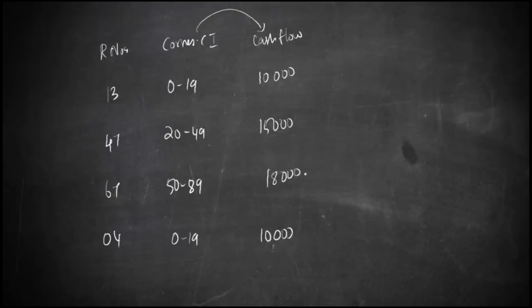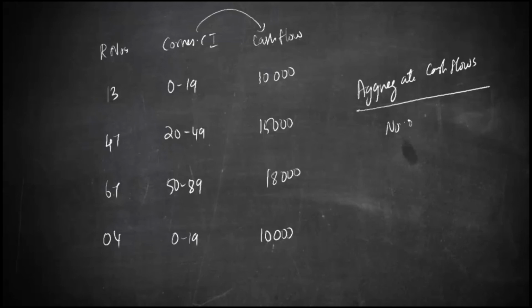The simulation theory says that if you want to know the possible cash flow, you find out the cash flow using the random numbers like this. Then you have to aggregate these cash flows and divide by the number of cash flows, or the number of simulation runs.